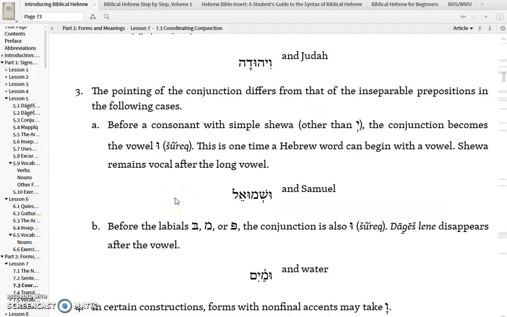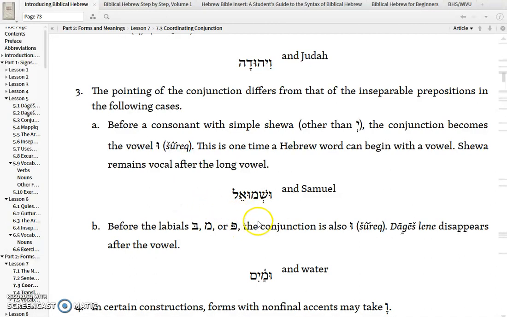But then there's another rule that comes into play when you place the vav in front of words that begin with shavah otherwise, like the word Shmuel, Samuel. If you want to say and Samuel, you'd expect it to be a vav with a hirik under it by rule of shavah.